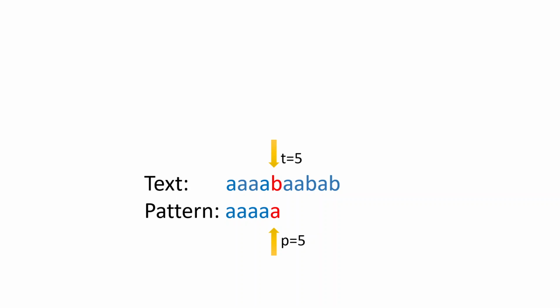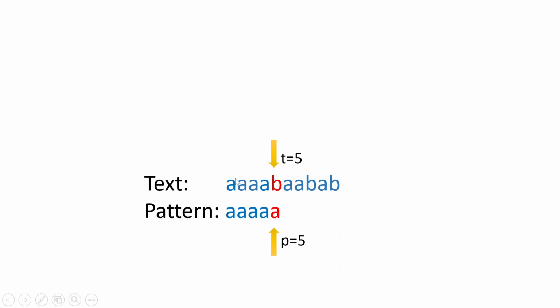If we were implementing the brute force approach, we would have moved T back to the second position and the pattern P to the first position. Why? Because in the brute force approach, for every position of T, we need to check whether we can find a pattern match or not.